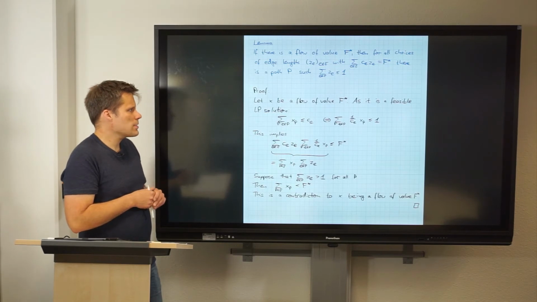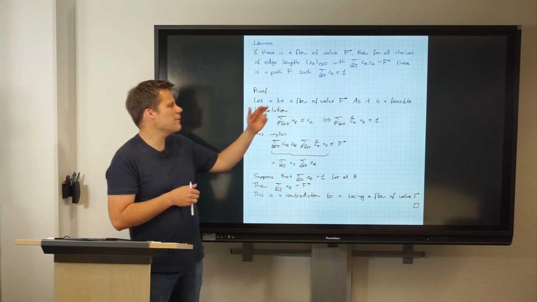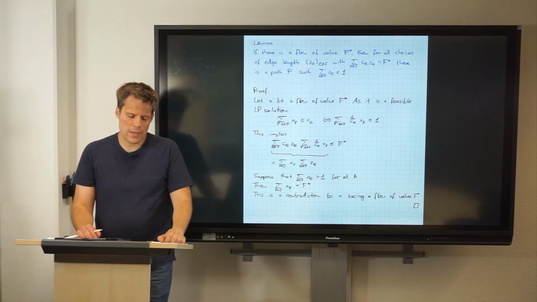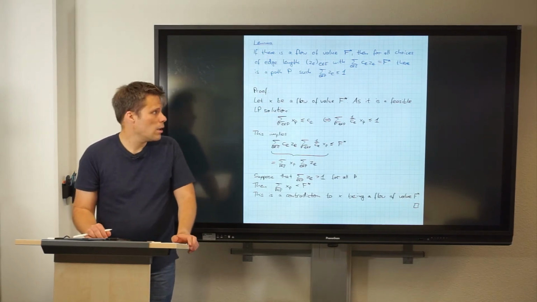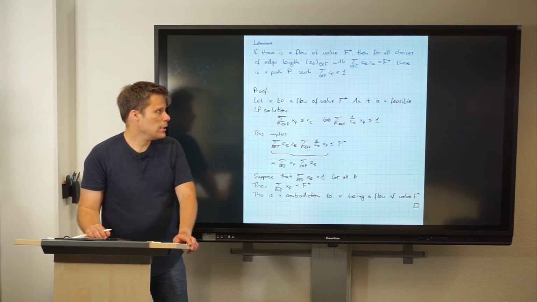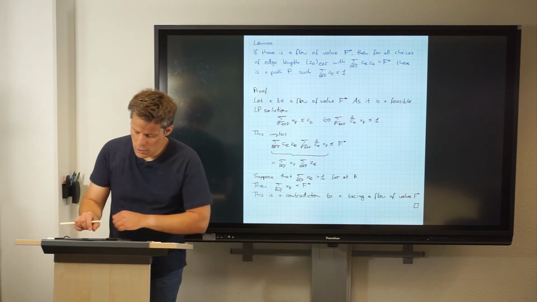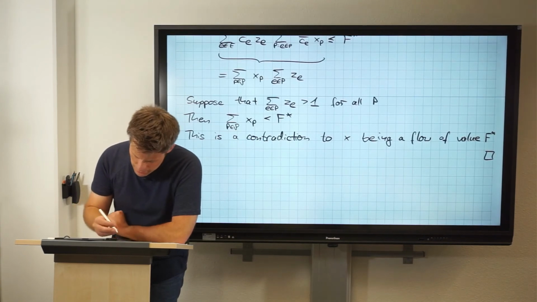Now let's go one step further and let's change the variables here. Change the variables from ze to ye. And how is ye defined? Ye will be exactly ce times ze divided by f star. Namely, what we get is the following corollary.